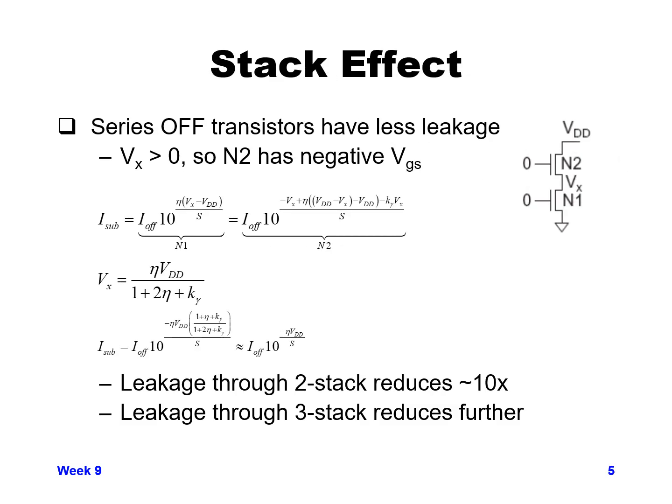Another leakage effect that's definitely worth mentioning is what we might call the stack effect. Shown here on the right hand side is a NAND type stack for an NMOS, two NMOS devices in series with each other.